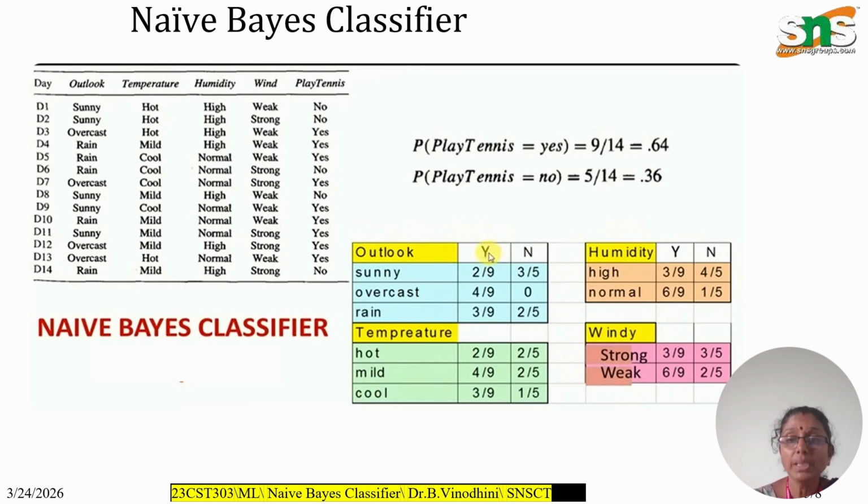Next is wind, which has two values, strong and weak, and we calculate the yes and no occurrences for each.